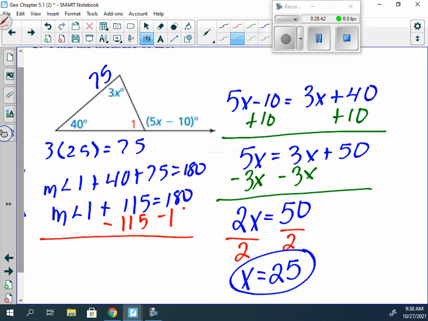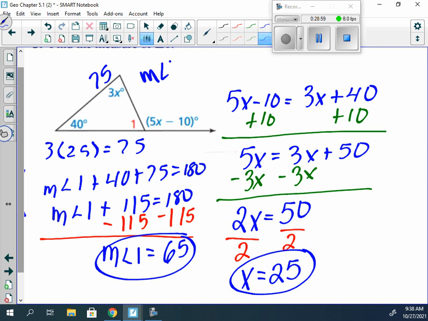Subtract 115 from 180, and we see that the measure of angle 1 is 65. So the measure of angle 1 is 65 degrees.